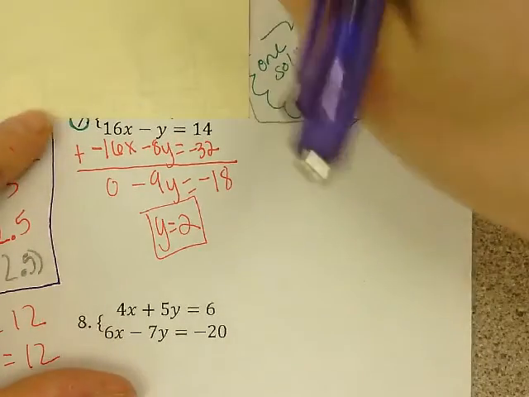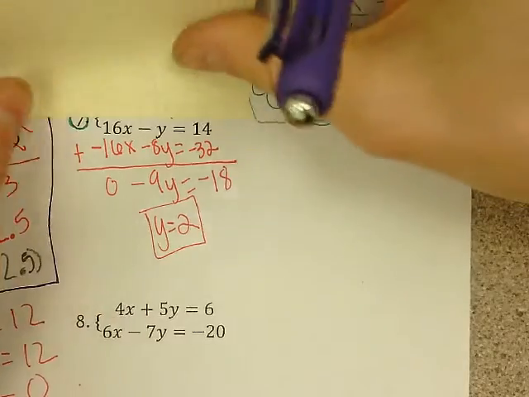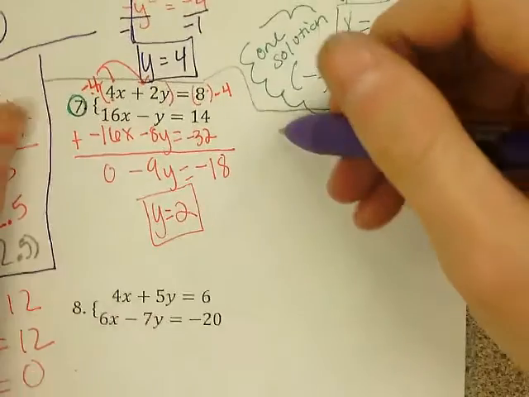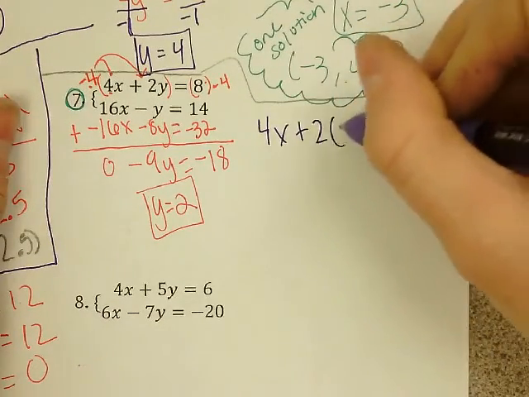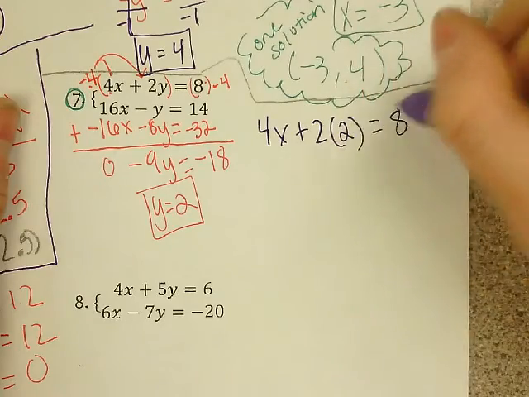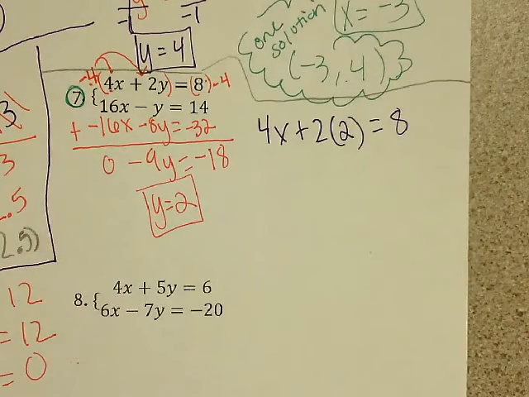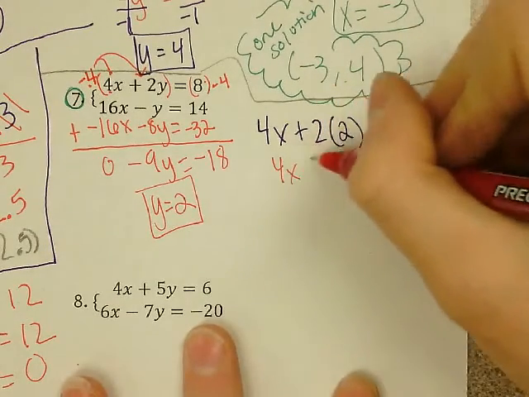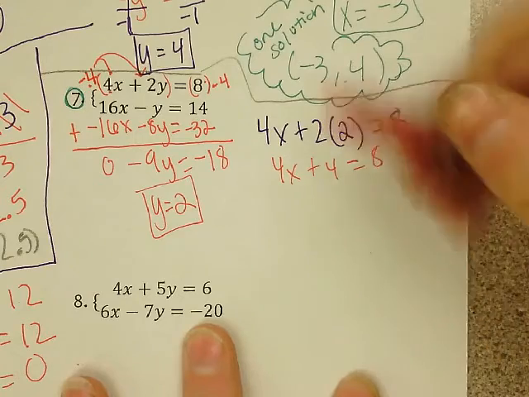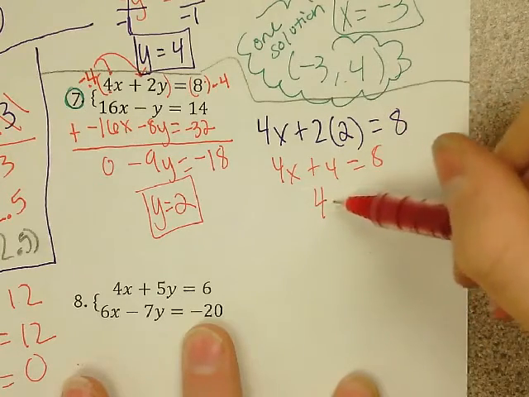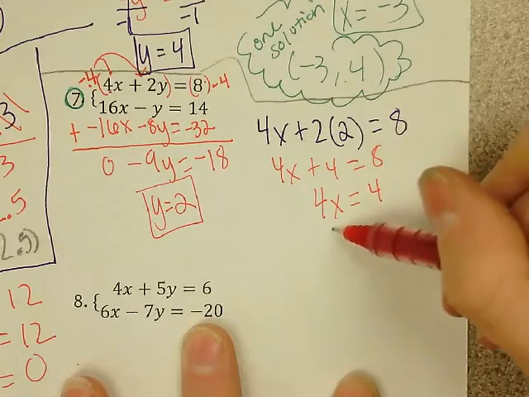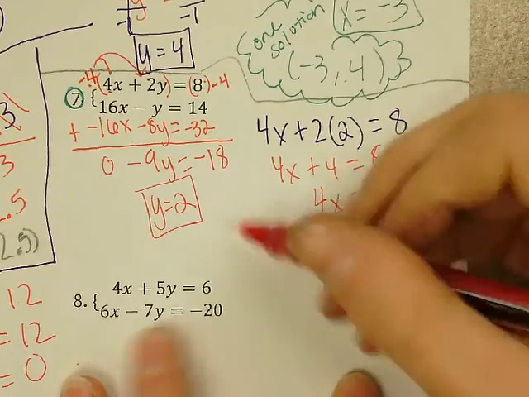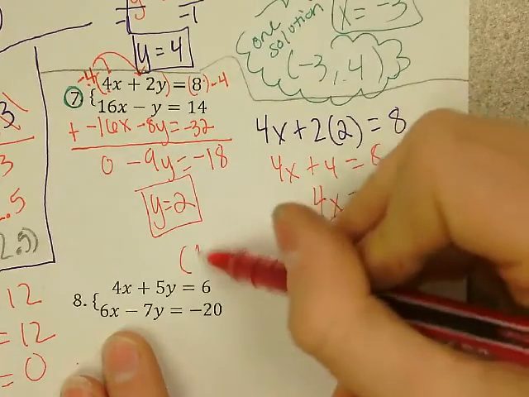So I'm going to plug it into my top equation just because I want to. So 4x plus 2y, but we found y is 2, equals 8. So 4x plus 4 equals 8. Subtract 4 from both sides. Divide by 4, x equals 1. So I have one solution, and it's (1, 2).